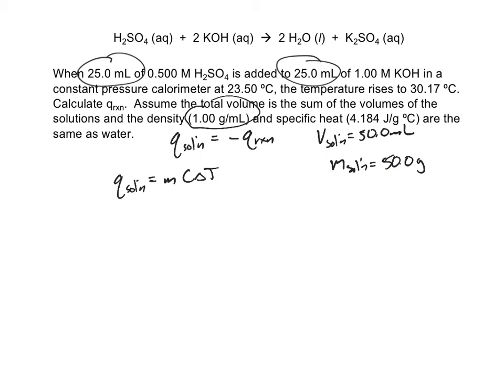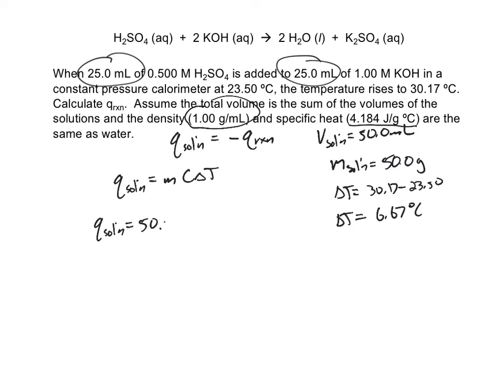We're told to use the specific heat of water for the specific heat capacity of the solution. So I know C delta T, right, always final minus initial, I get 6.67 for the delta T. So I can plug in what I have.